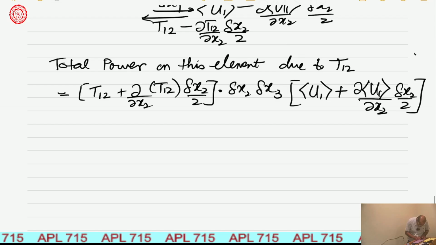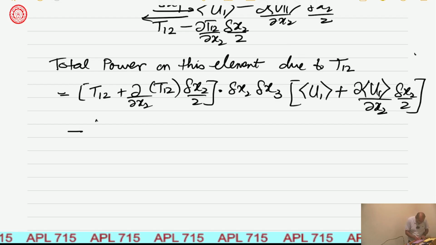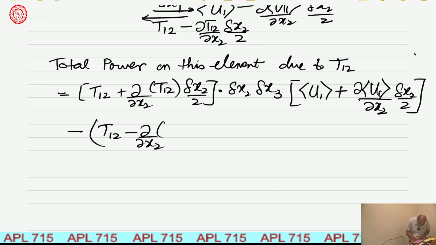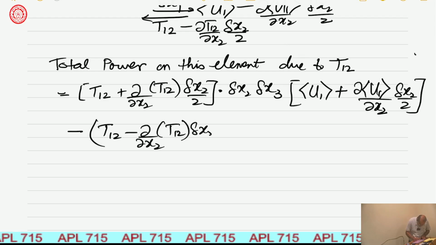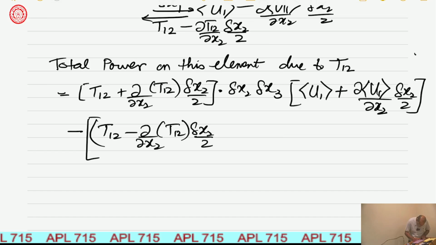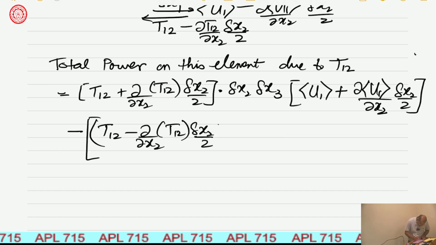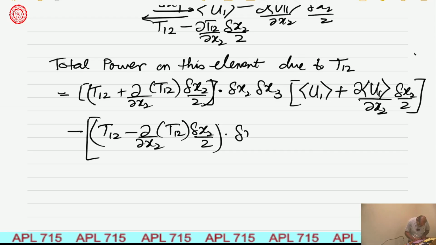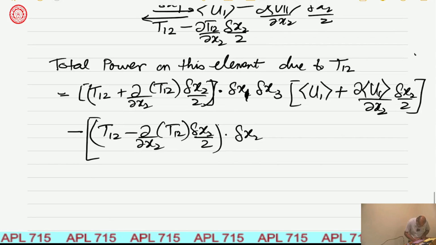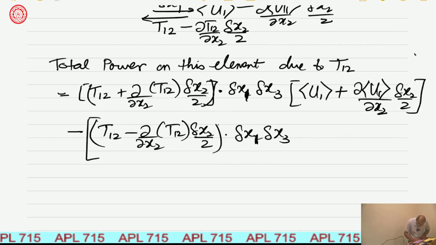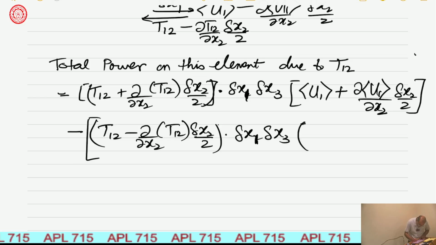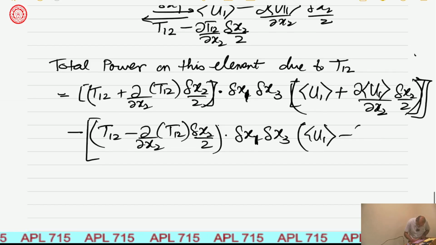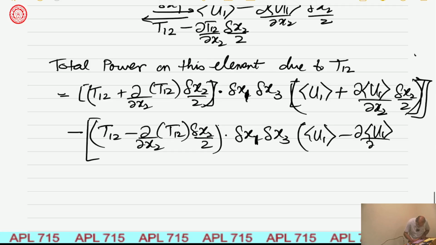And this is on the top face, and from there I have to now subtract T12 times delta x1 delta x3, multiplied by mean of u1 minus the corresponding term.